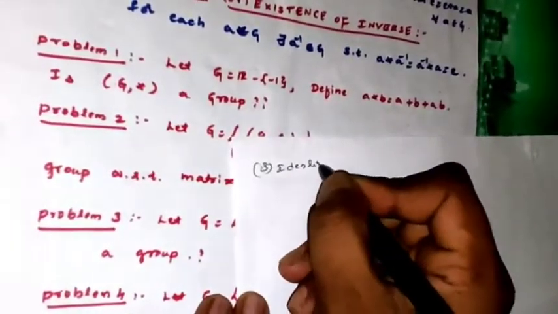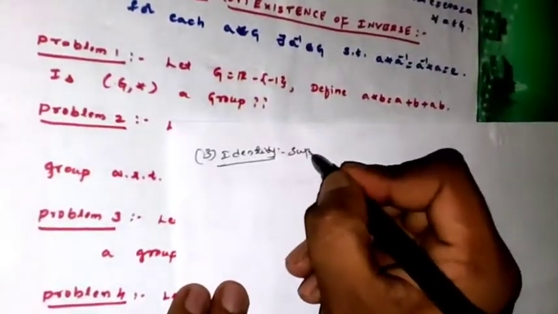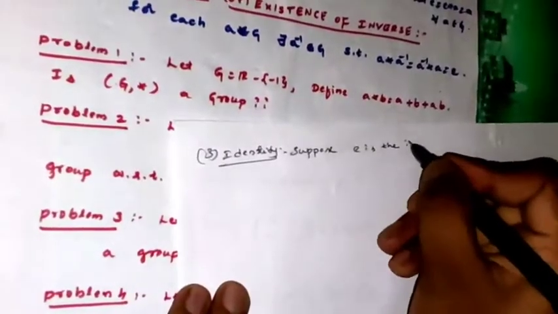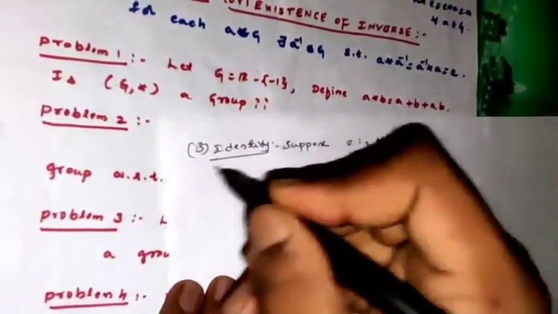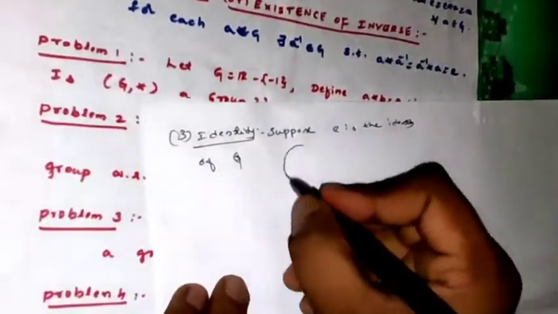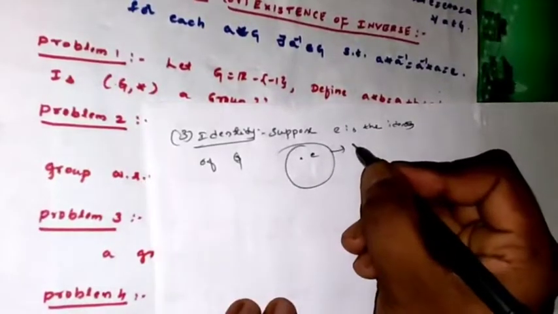This is the most important. Suppose e is the identity of our group G. Yes or no? This is the identity and this is our group G.